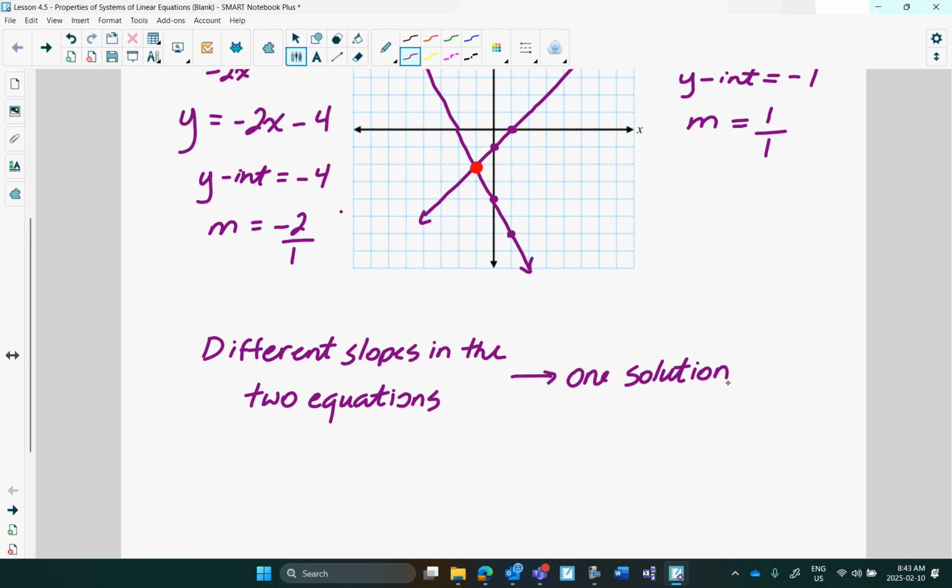And that's what we've been doing the whole unit. But that's not going to happen all the time. So we're going to look at a couple of other examples.